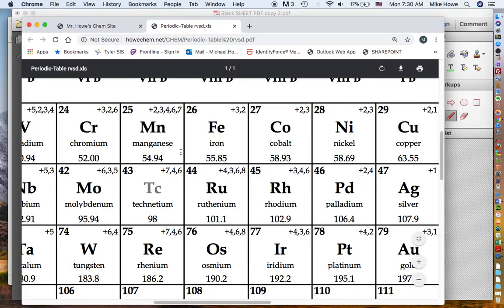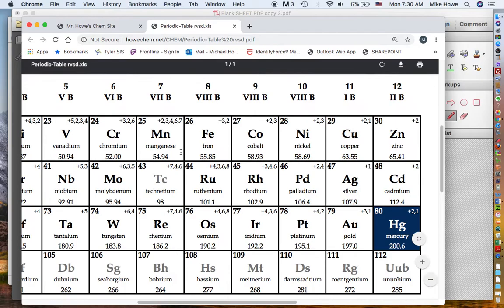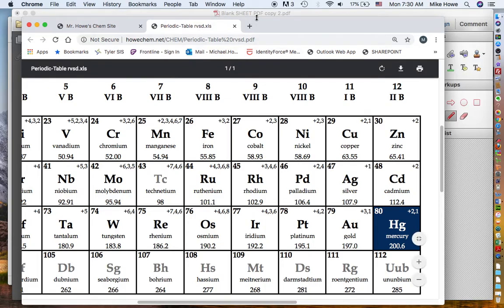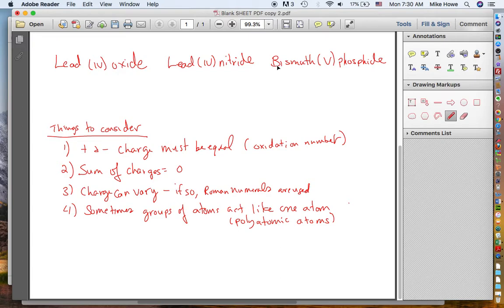So these are variable charge elements, and if I'm asking you to write a formula for a compound that contains one of these elements, then you'll have to be told what the oxidation number is, or which one to use. So that's what this means. If there's more than one charge, Roman numerals will be used.